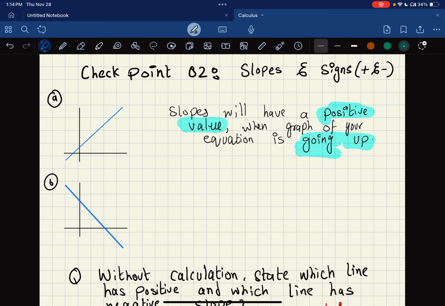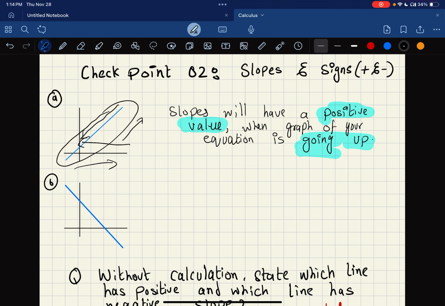Okay. On the other hand, as you can see over here, the line is going up, right? And in order to make an important distinction, it really depends on how you are looking at the line. If you look at it from left to right, it is going up, but if you look at it from right to left, it's actually going down.